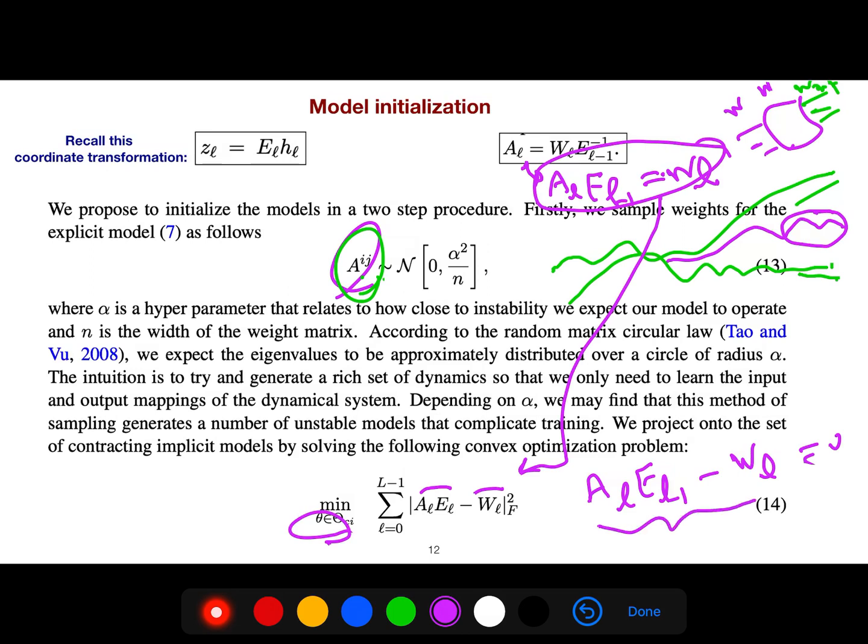If this term is minimized, which is what we are doing here, then we have achieved that. So we make sure that we project into stable, contracting implicit models, for which I showed you the conditions of contraction.